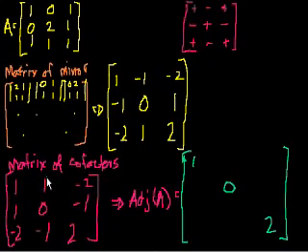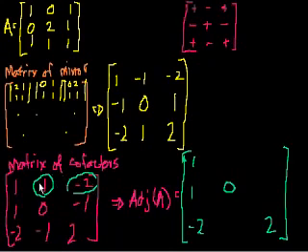So it'll then be moved to row 2, column 1. So this one right here will go here. So you can kind of say that it flipped over the diagonal, right? And similarly, this right here is in row 1, column 3. It's going to be switched to row 3, column 1. So it's going to go here.